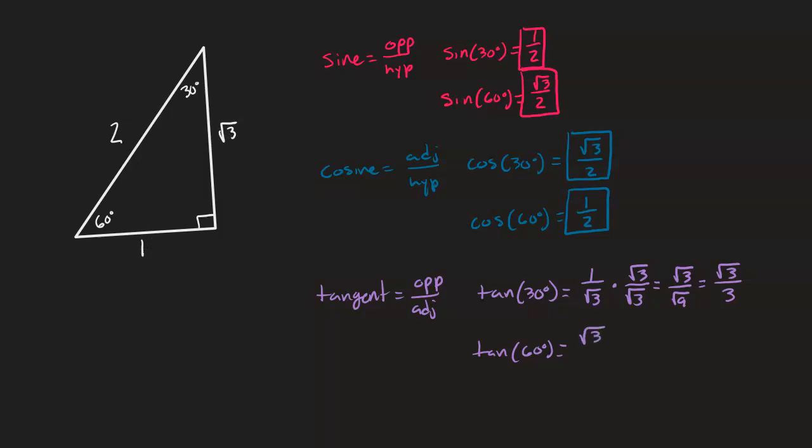So I have rad 3 over 1. That simplifies to rad 3. So tangent of 60 degrees is rad 3, and tangent of 30 degrees is rad 3 over 3. And those are my trig ratios for a 30, 60, 90 triangle in simplest fractional form without using a calculator or converting them to a decimal.